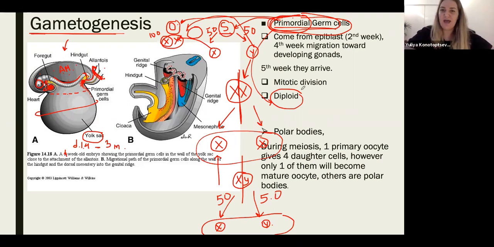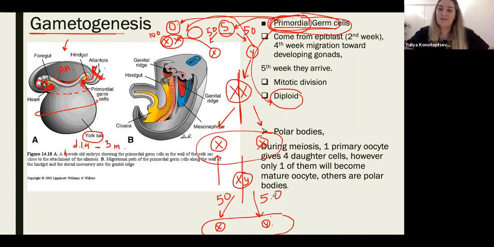If PGC has XX chromosomes, the only thing that it can give rise to are oocytes, because when it splits, it gives you two cells. One has X, one has X. If PGC has XY chromosomes, when it splits, one cell has X, one cell has Y. 50% of the cells have X, 50% has Y. We're describing spermatozoa.